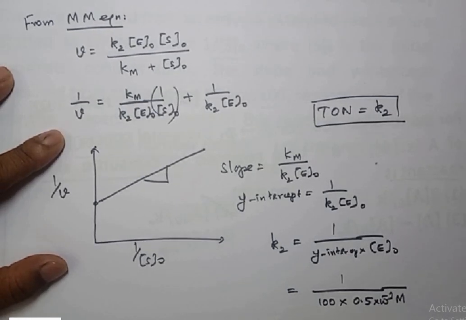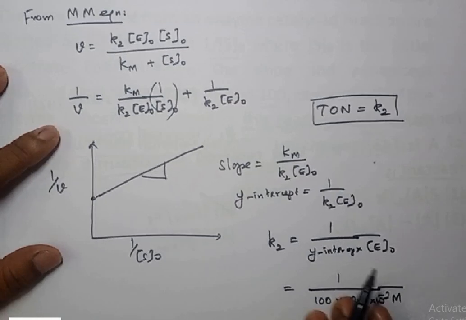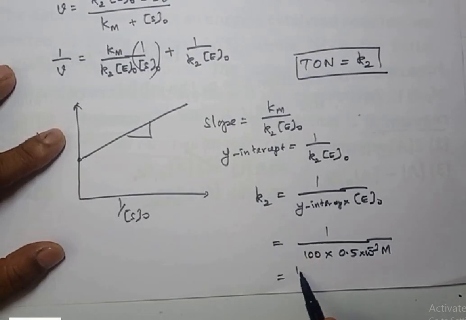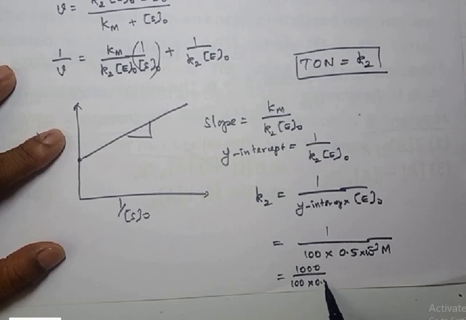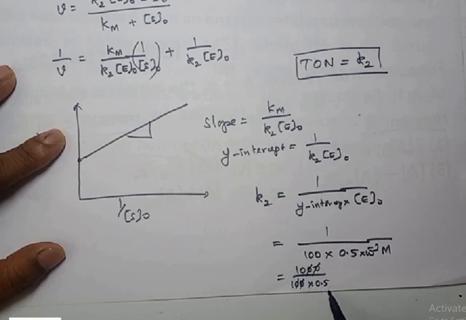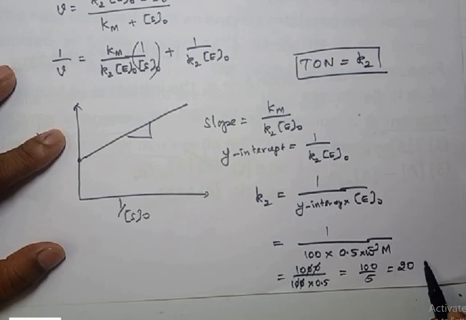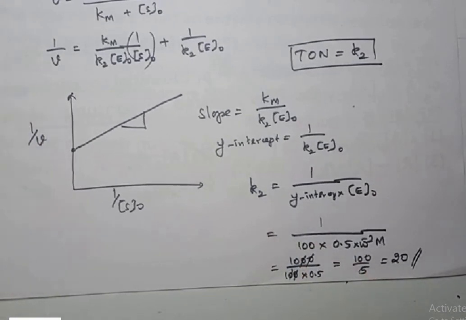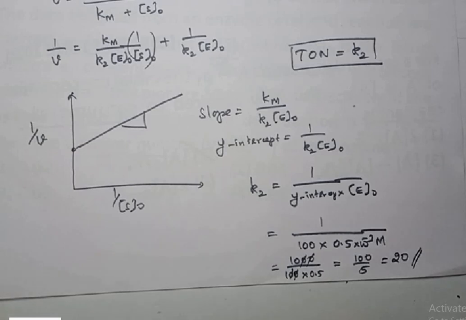Now bring 10 power minus 3 to the numerator, it will become 10 power plus 3 or 1000. So 1000 in the numerator by 100 into 0.5. You can cancel the zeros here, so you will get 10 by 0.5 or 100 by 5, which is equal to 20. So the K2 value is 20, which means the turnover number is 20.